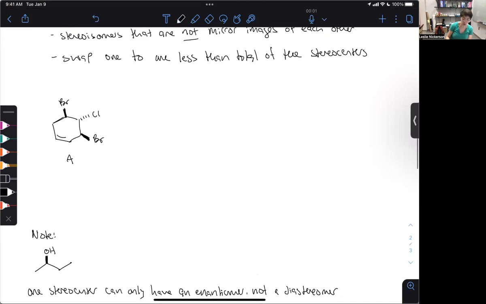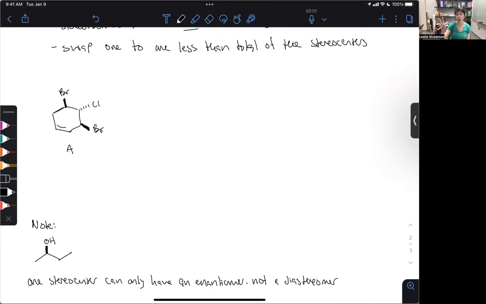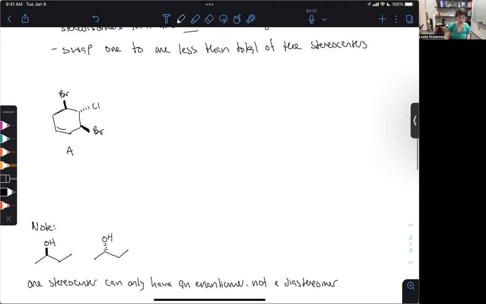Diastereomers are really something for two stereocenters or more, okay? With one stereocenter, we're only going to be able to have the enantiomer, right? Because if we flip all of them, we're in enantiomers, okay? All right.